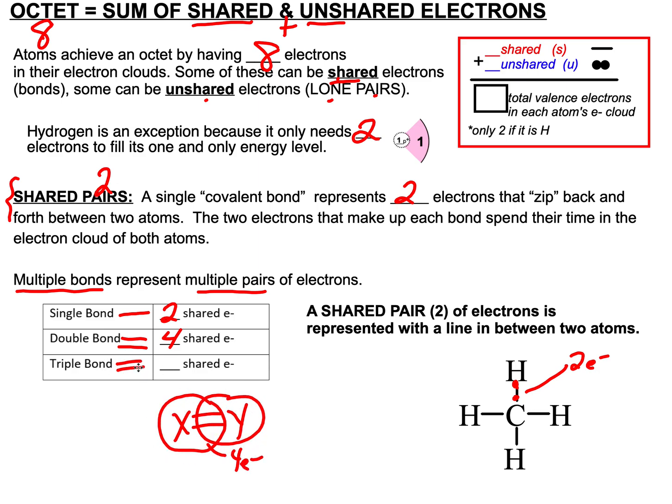And if we have a triple bond, we draw 3 lines, and then it's 2, 4, 6. It's a grand total of 6 electrons. So if we have X and Y and there's a triple bond, we know that they're going to share 6 electrons. 6 electrons are going to travel around the X, 6 electrons are going to travel around the Y. Back and forth till everyone's happy. So we're going to represent shared pairs of electrons with a straight line.